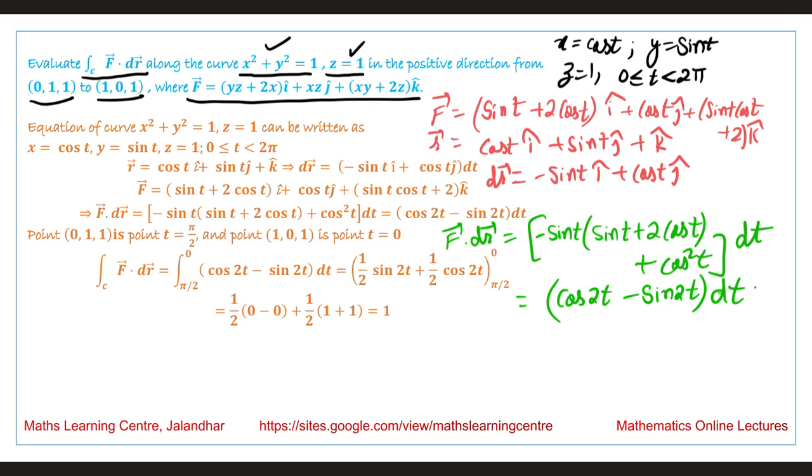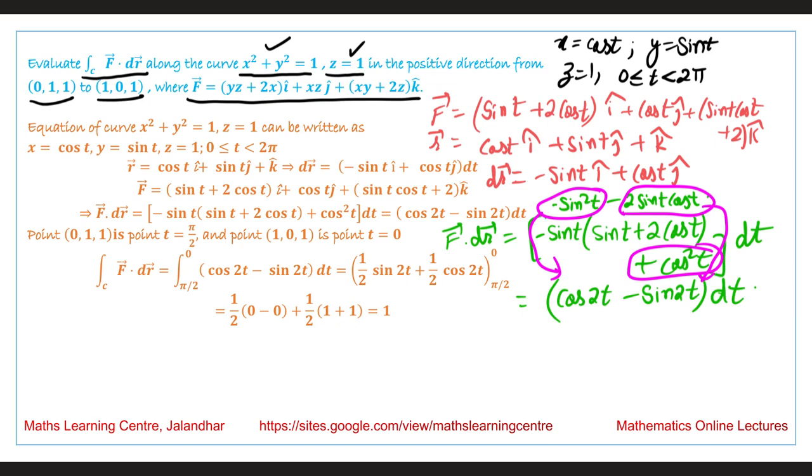We are getting from this minus sin^2 t minus 2 sin t cos t plus cos^2 t. Now cos^2 t minus sin^2 t is equal to cos 2t, and 2 sin t cos t is equal to sin 2t.